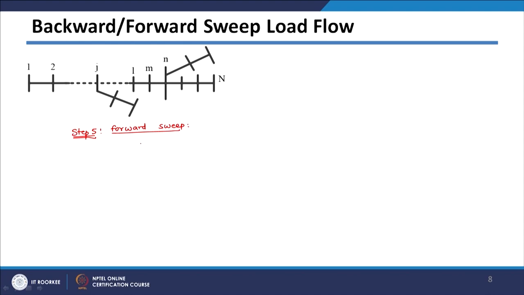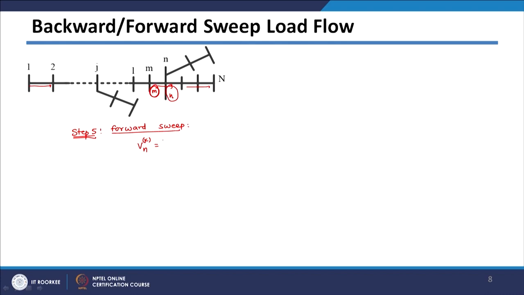So, voltage at any nth bus at the kth iteration will be equal to, so when I am calculating voltage at nth bus, voltage of mth bus will be already calculated, which will be known because we are actually starting from the source node and we are going towards leaf nodes or end nodes. So, before going to the nth node, we already calculated the voltage of mth node.